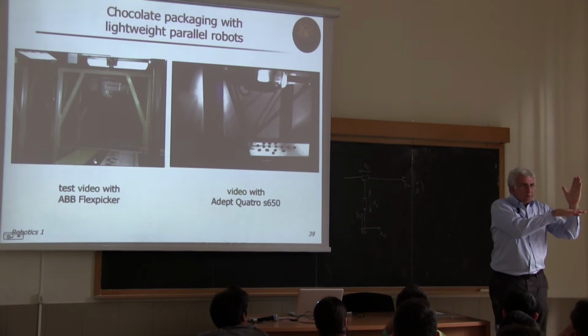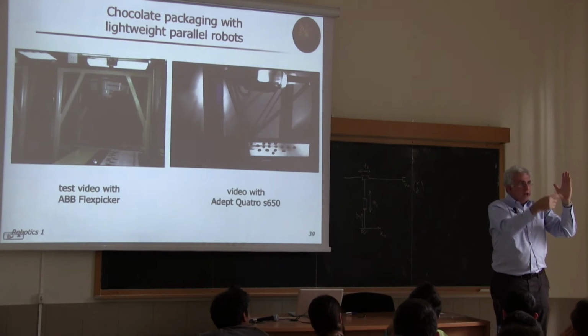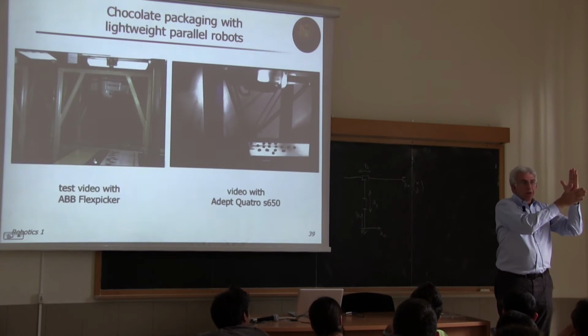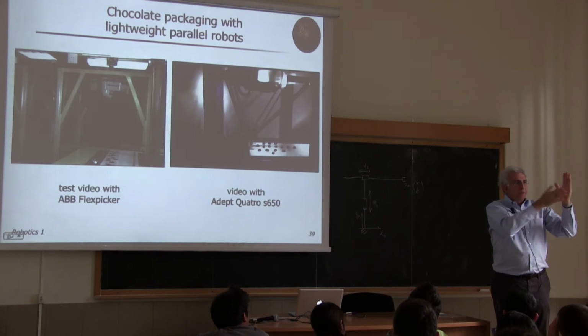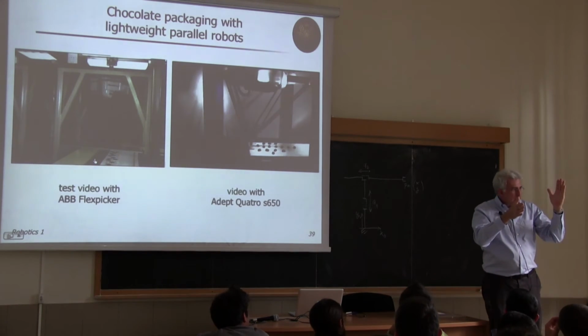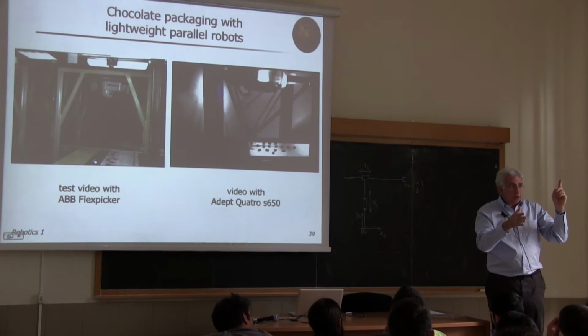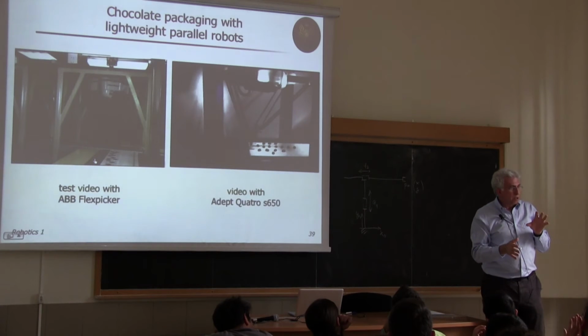In the meantime, those objects are moving with a constant speed. So if I recognize one object at time t0, I should know that this object, after a few tenths of a second, is in a different place. And I should command the robot at some time to go there, to the right place, to pick this object.